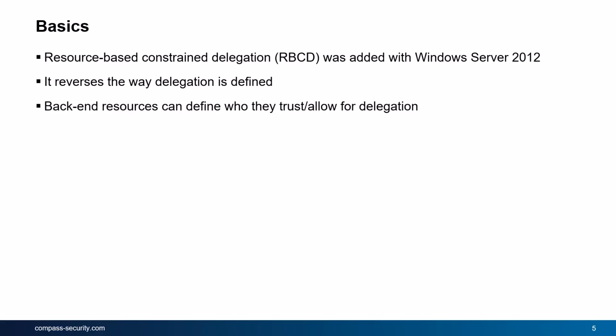Until now, the unconstrained and the constrained delegation was always configured on the, let's say, front-end system that performs the delegation against another back-end system. With resource-based constraint delegation, this trust, or the definition, is reversed, and the delegation rights are granted by the backend system. So a backend system specifies which front-end system or systems are allowed to delegate to them.